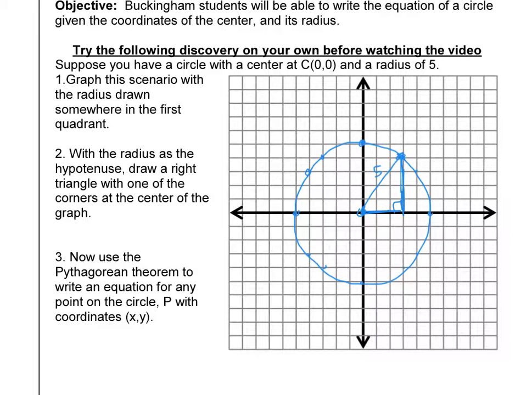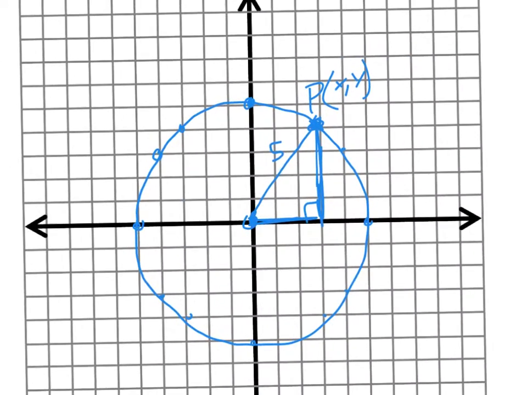Now it says, use the Pythagorean theorem to write an equation for any point on the circle P with coordinates x, y. Now this is where you might get a little confused. Let's call this P here, and we'll say that it has coordinates x, y. Thinking about this as Pythagorean theorem, this is what I want you to realize.